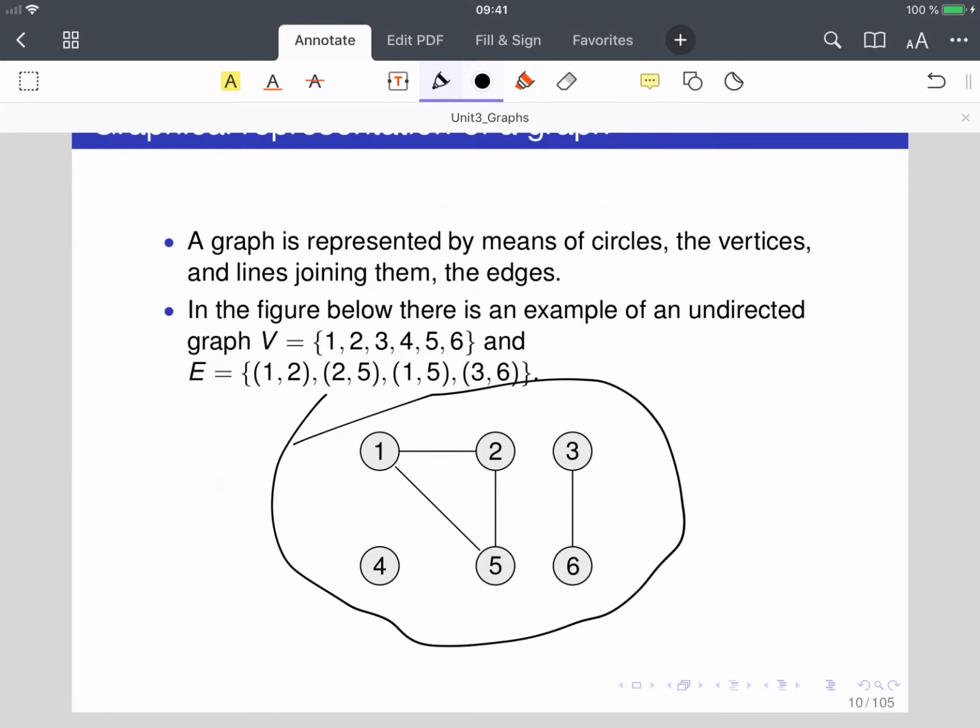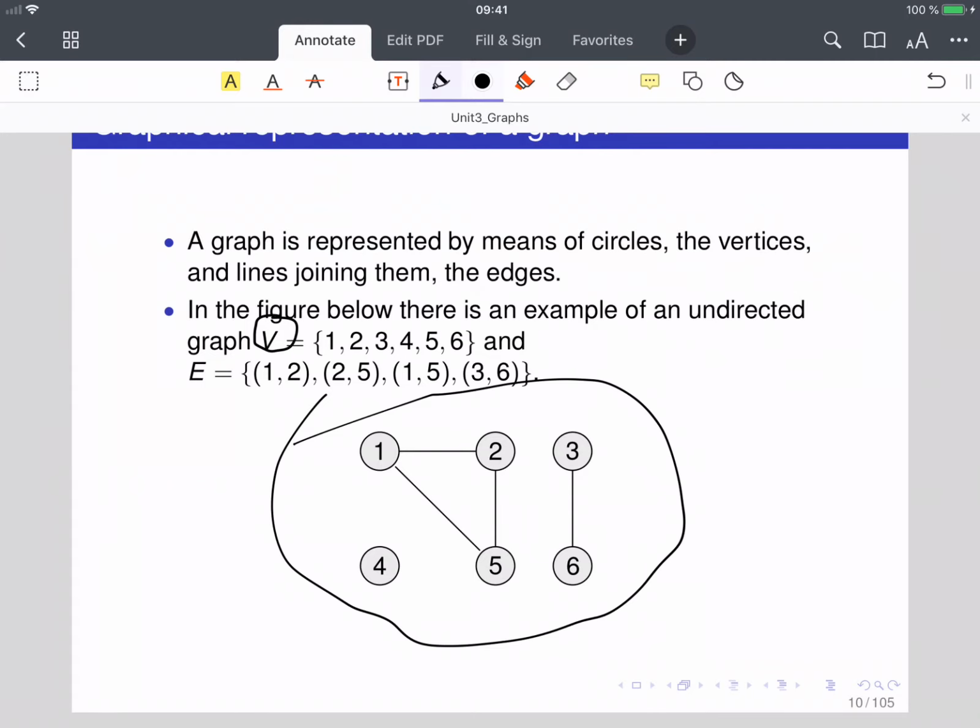It's similar to what we had with, for instance, finite automata, which are types of graphs, in which we were able to work both with the diagram and with the mathematical definition, okay? So here, for instance, we have a graph whose set of vertices is V. It has 6 vertices, the numbers from 1 to 6, and it has four edges, okay?